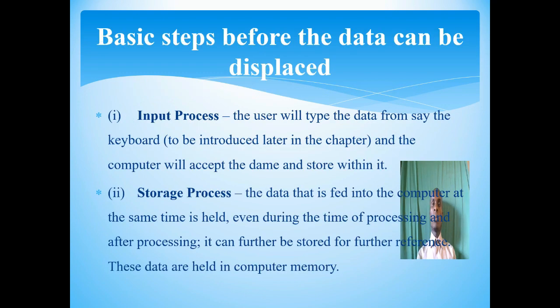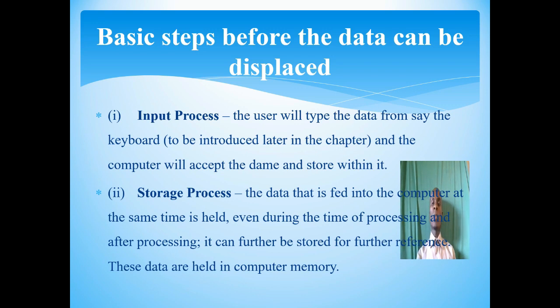So we have some basic steps that you need to follow before the data entered into a computer are displayed and provide an output. The first step, number one, we have the input process, and we define the input process as the user typing the data from, say, the keyboard, and the computer accepting that data and storing it in memory for processing.